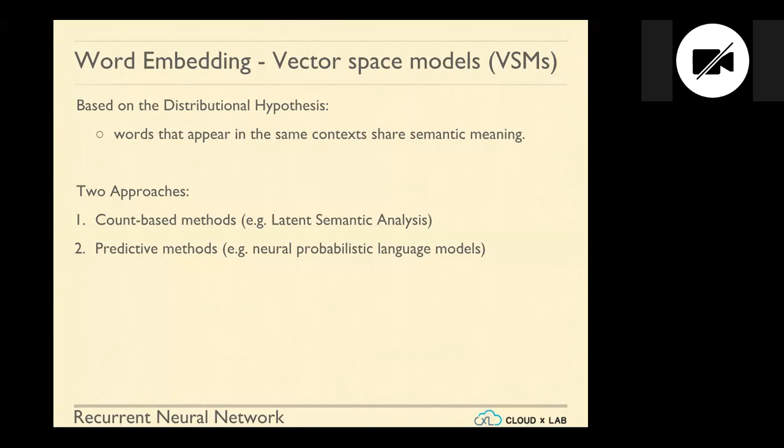So that way, it will learn to predict or suggest the next word, and it will also learn the embedding. Okay, that's the predictive method where we use neural network, and doing the probabilistic language model, we will be able to create the embedding by ourselves.